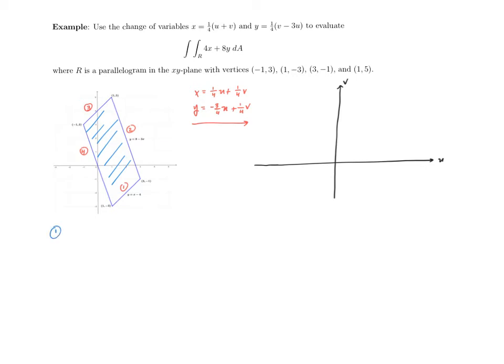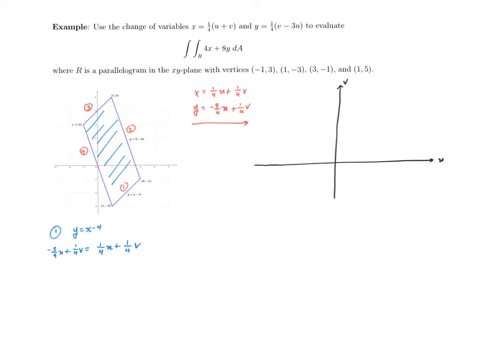So if we start off with the first side, we have y equals x minus 4. And to express this in terms of the new variables u and v, we simply need to rewrite each x and y according to our transformation formulas. So y will become minus 3/4 u plus 1/4 v, while x will become 1/4 u plus 1/4 v.